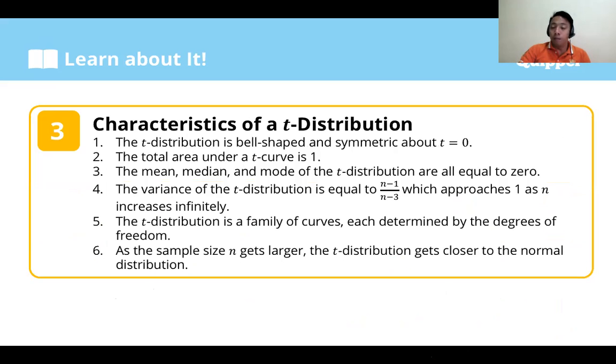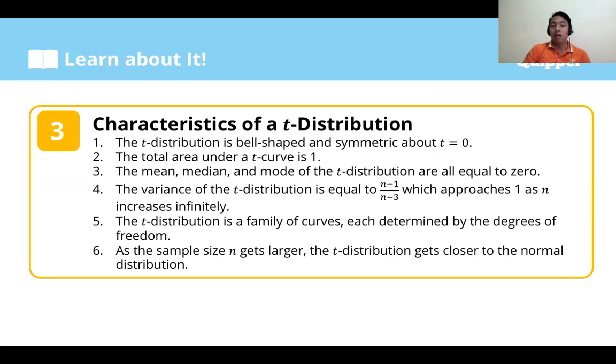Okay, before some examples or some activities, let us first learn about the characteristics of a t distribution. The t distribution is bell-shaped and symmetric about t, or the t value is equal to 0. So 0 nasa gitna.